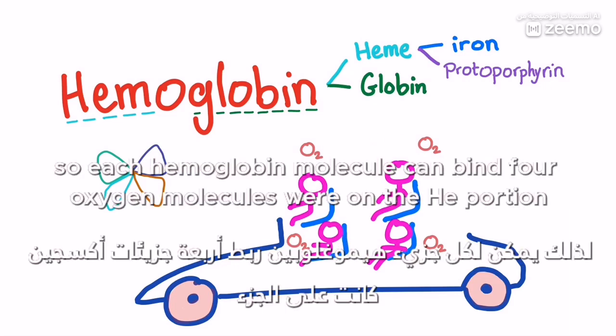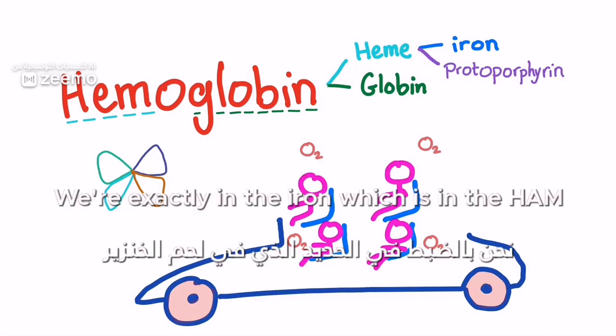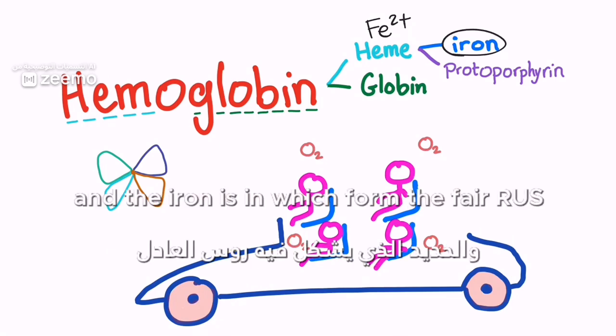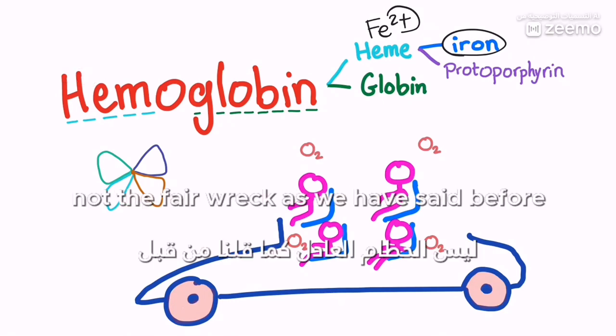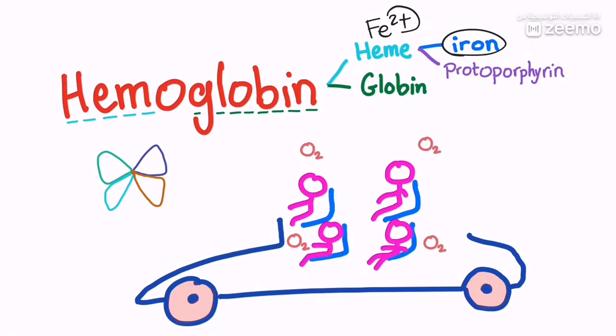So each hemoglobin molecule can bind 4 oxygen molecules. Where? On the heme portion. Where exactly? In the iron, which is in the heme. And the iron is in which form? The ferrous, not the ferric.